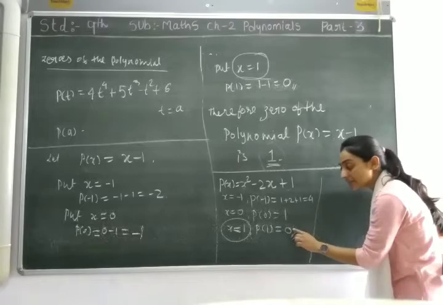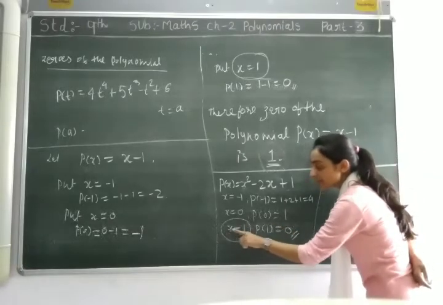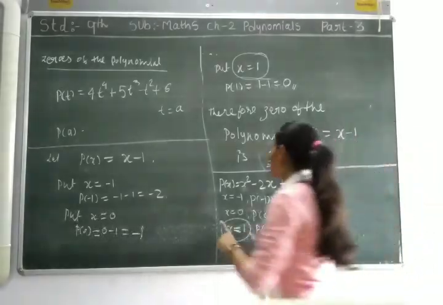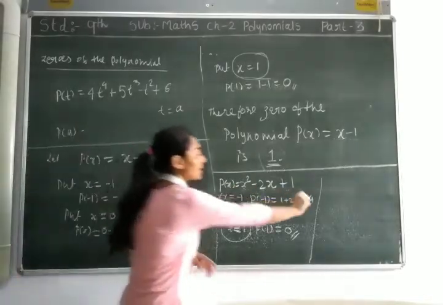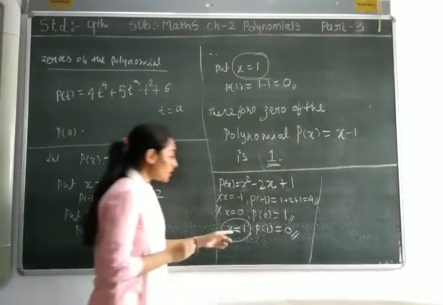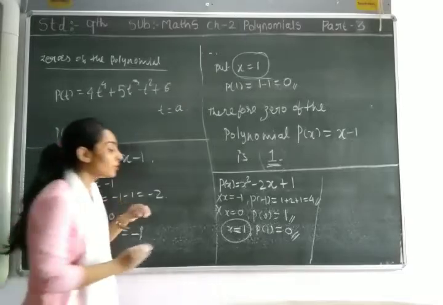If I get 0, we can say that x equals to 1 is the 0 of this polynomial. The rest are not zeros of the polynomial because here we did not get 0.